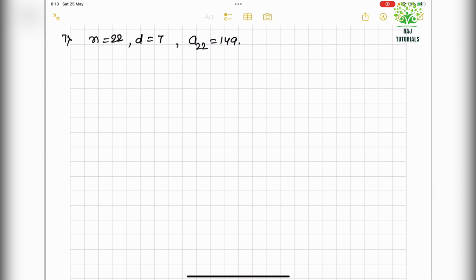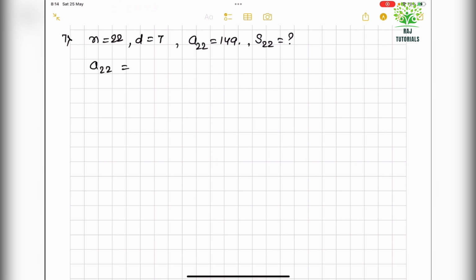Now I am given: find the sum of the first 22 terms of an AP in which d is 7 and the 22nd term is 149. So the common difference is 7, A22 is 149, and I have to find S22.